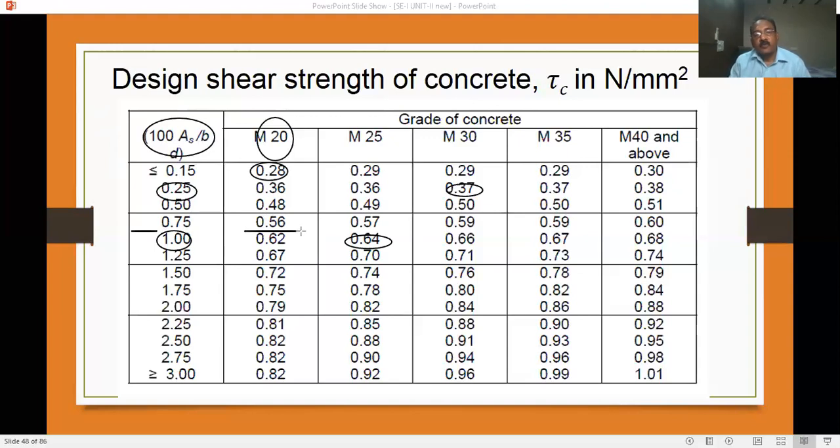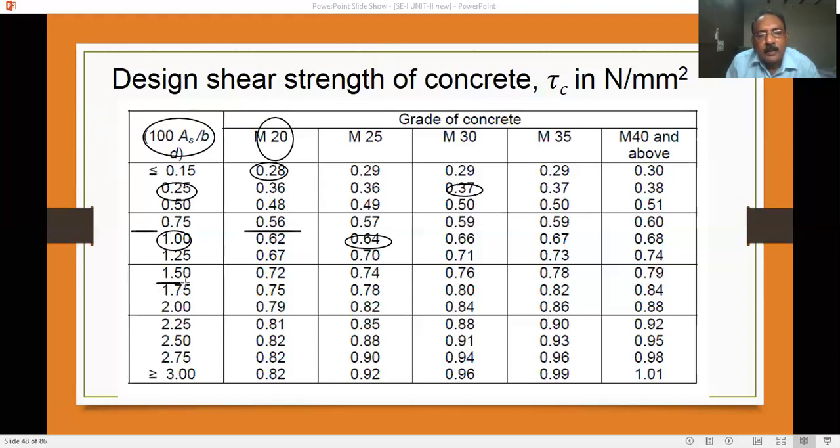So if you understand this table, you can calculate according to that percent. These percentages exactly you may not get, because PT will vary depending upon your longitudinal reinforcement. Here you may not have 1.5 or 1.75. You may have 1.65 also.